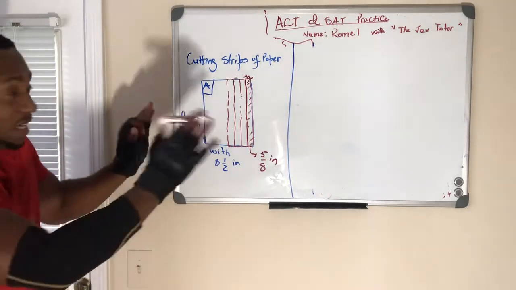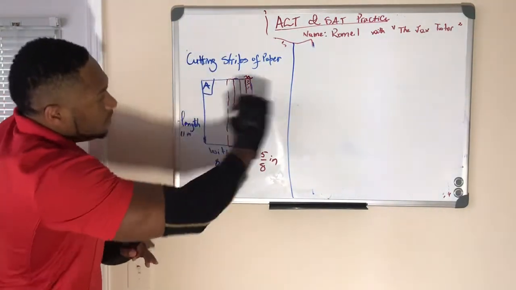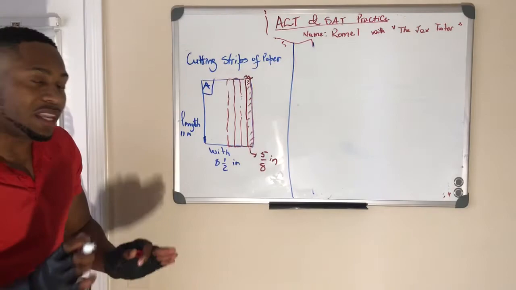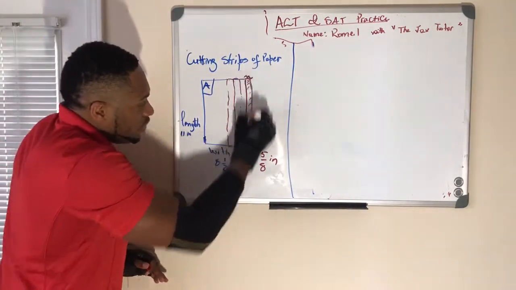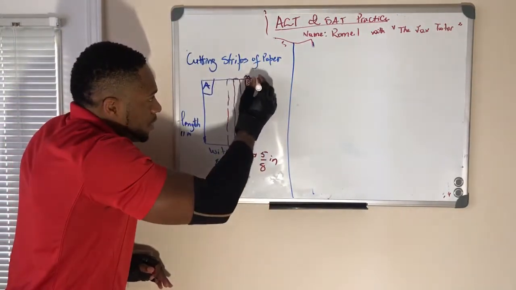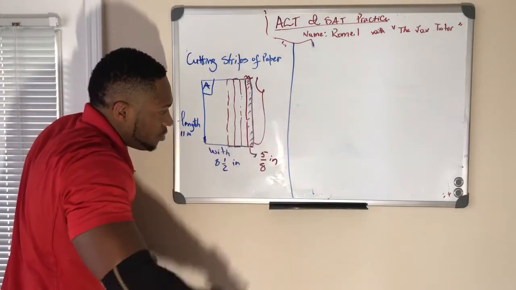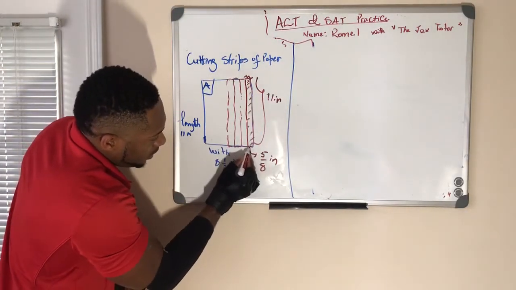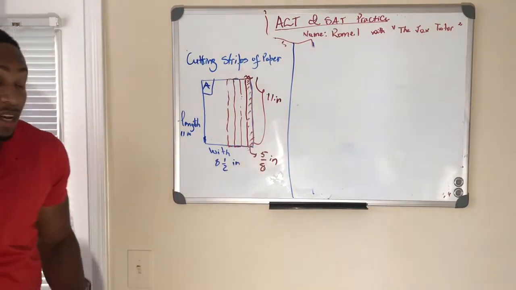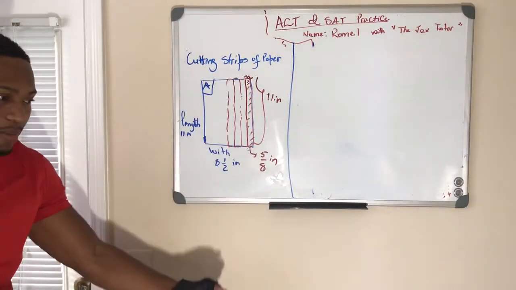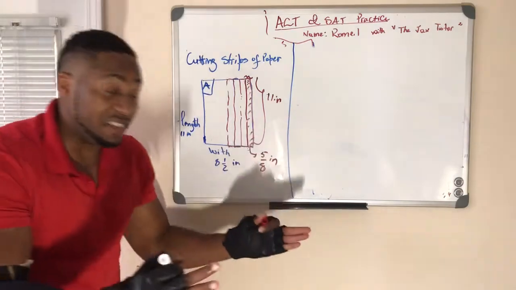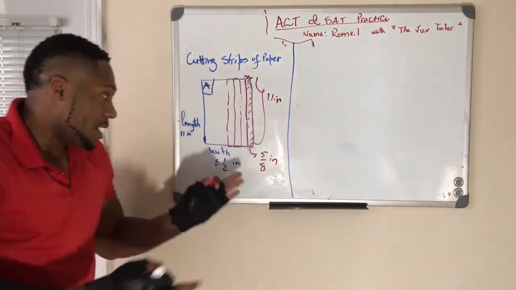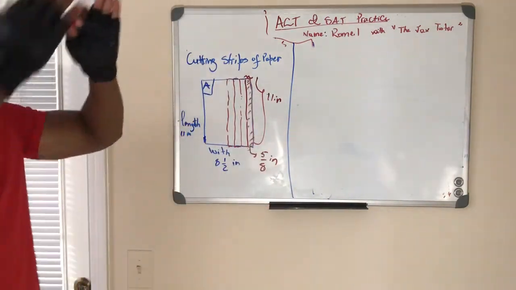The reason we don't cut the other way is because I want the length to be 11. If I'm cutting strips this way, the length of the strip is 11 inches and the width is 5/8 of an inch. The reason I know to cut this way is because the length of the paper is 11 and the strip is 11 inches long.